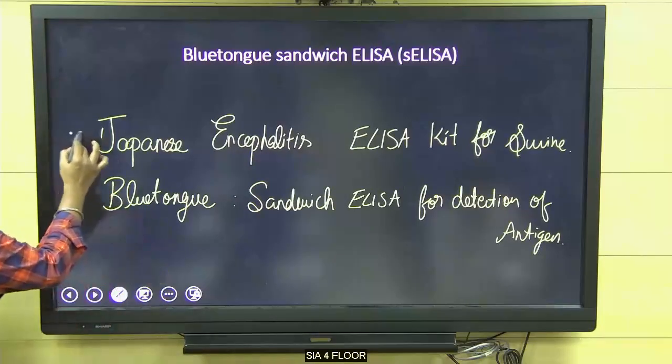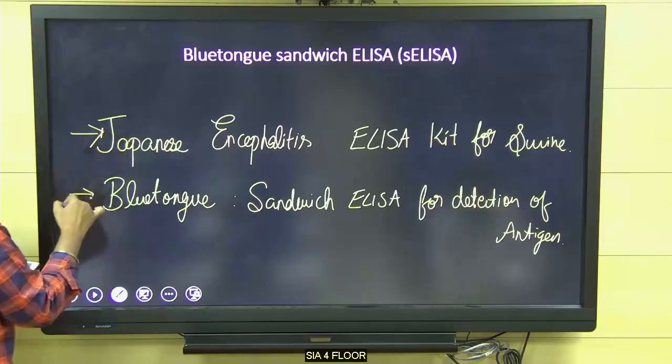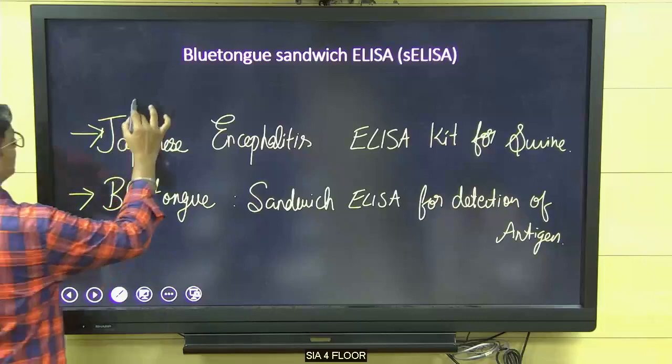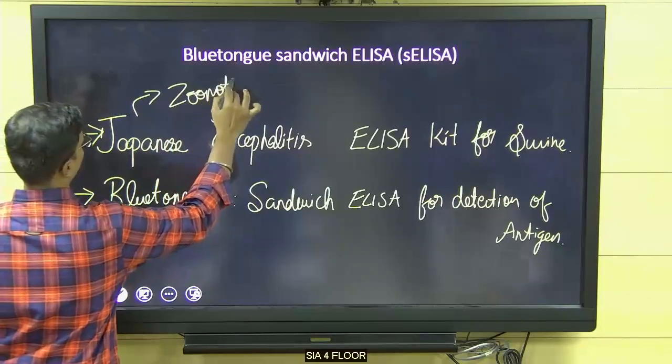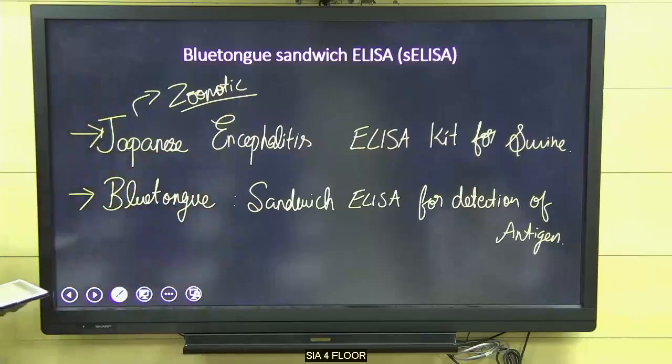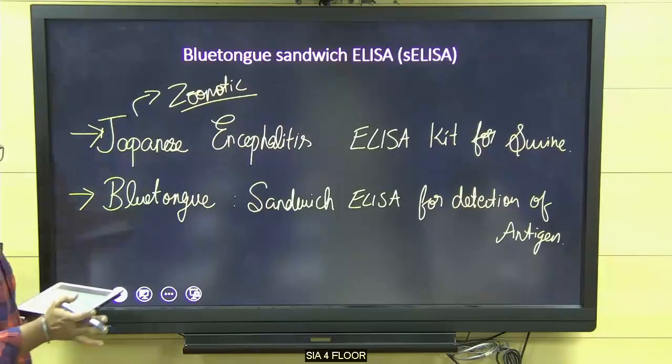This was widely uploaded, even had a special mention in PIB, because first thing, Japanese encephalitis is a highly infectious zoonotic disease, mainly affecting children. If you have a good kit for detecting Japanese encephalitis in the swine population, then all these cattle populations can be effectively monitored and their transmission to humans can be controlled.